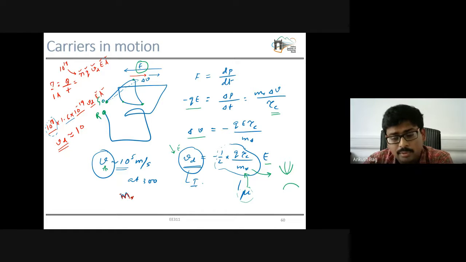And now, whenever we apply this electric field across our semiconductor bar, this drift velocity is very small, and the reason is we have a lot of carriers. That means the total charge is very high, and that is why that high amount of charge does not require flowing very fast to give us some current.